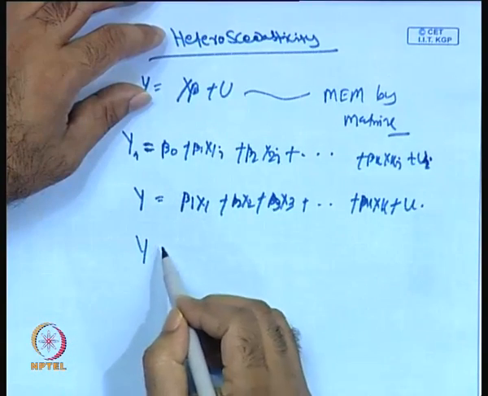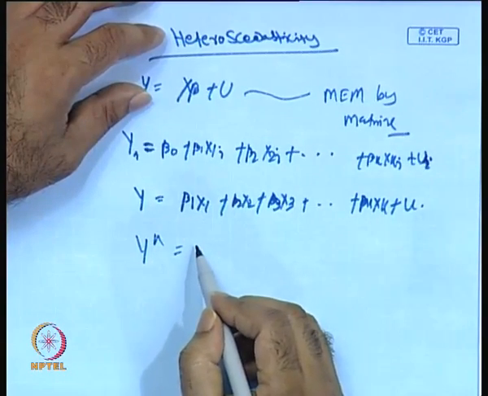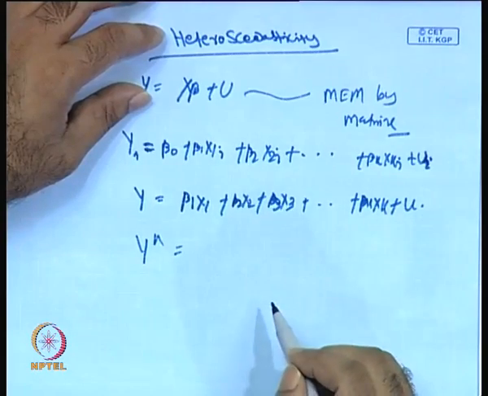So now we have y hat, and similarly you can create a vector-matrix form here.